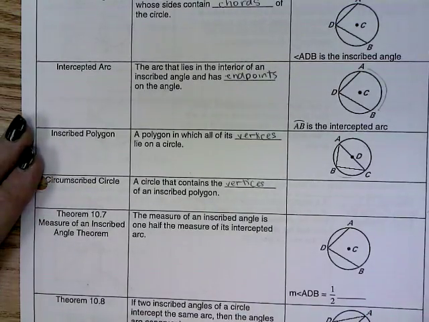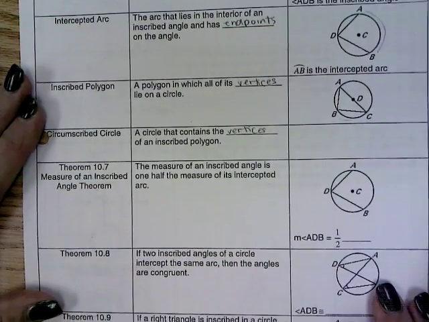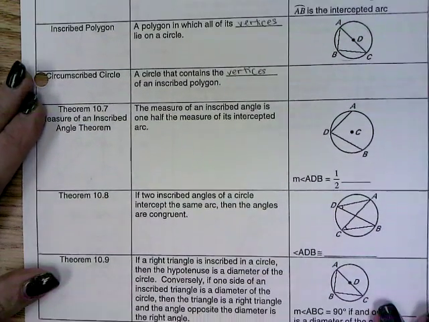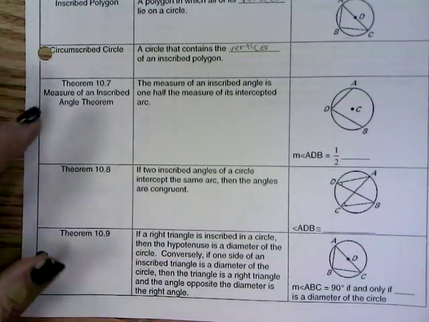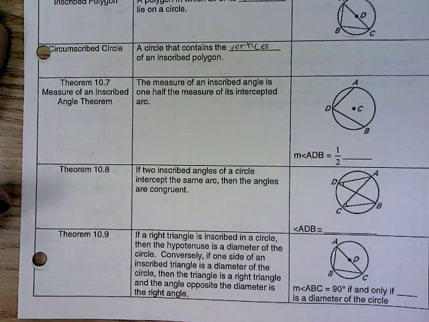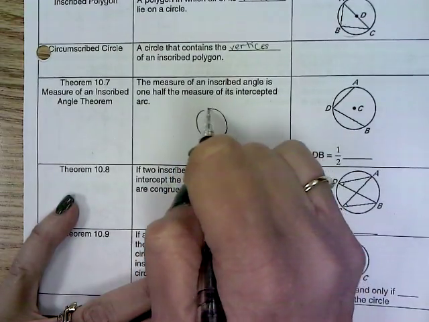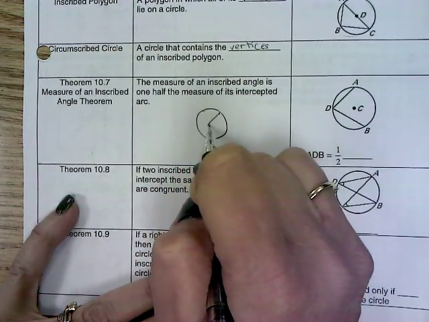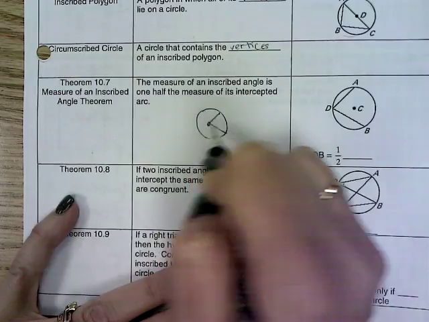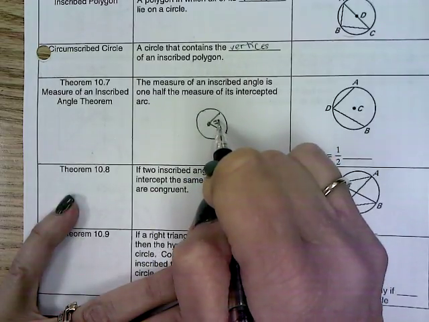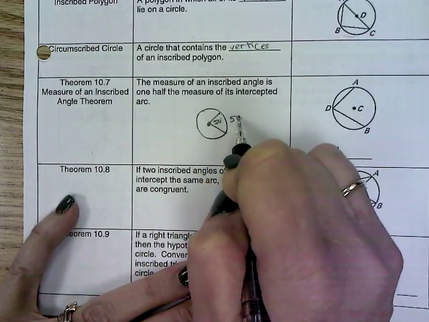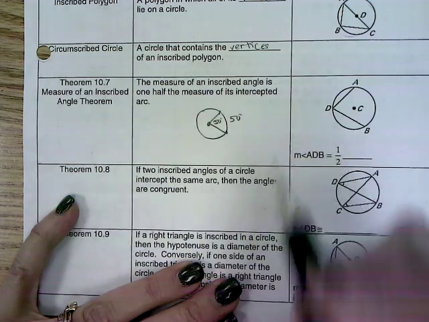So with that, we have a few theorems. New vocabulary always promotes new theorems. First, measuring an inscribed angle is not like it was before. If you recall in our last notes, we had an angle at the center of the circle, and whatever the angle was, that was also the measure of my arc. They were the same because the vertex was in the center.